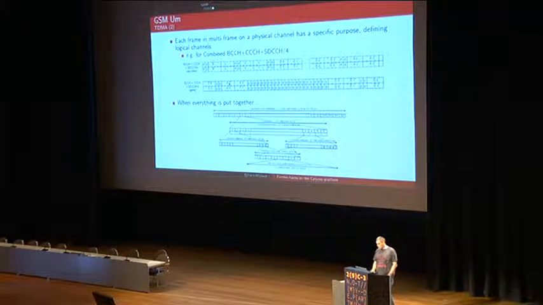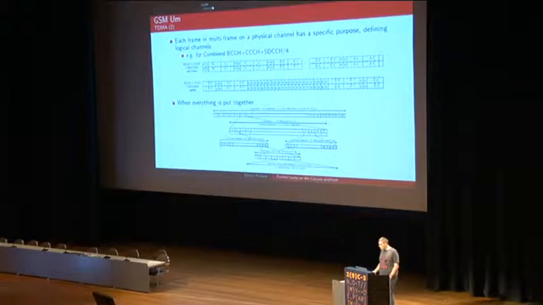So the second layer of TDMA, I would say, is what's called multiframes. On each of these physical channels, depending on the frame number, you will have a specific burst that you will find there. So let's say that this is a multiframe, okay? And so you take the frame number, you do the frame number modulo 51 in this case because the multiframe has 51 bursts.